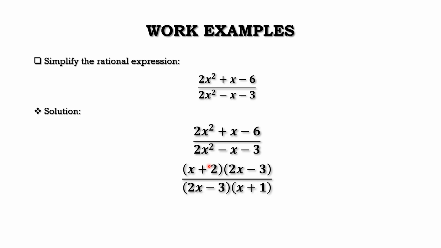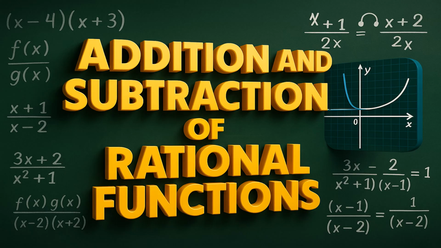Then the denominator will give us 2x minus 3, x plus 1, which means there is a common factor between the numerator and the denominator. So this common factor will be cancelled out. When you cancel out 2x minus 3 and 2x minus 3 here, we are left with x plus 2 divided by x plus 1.